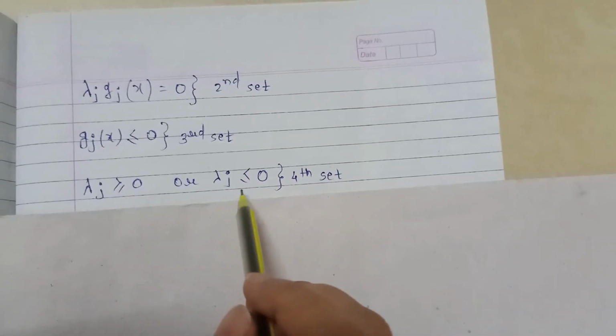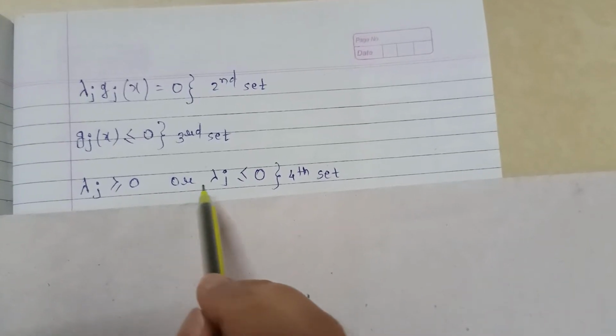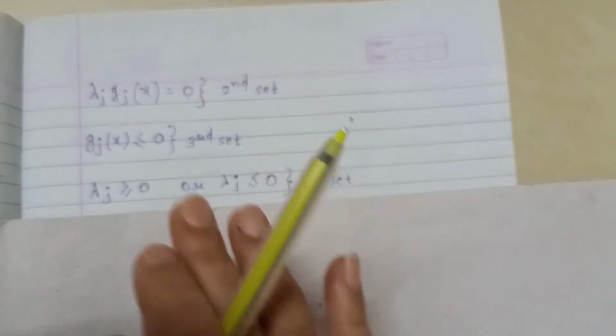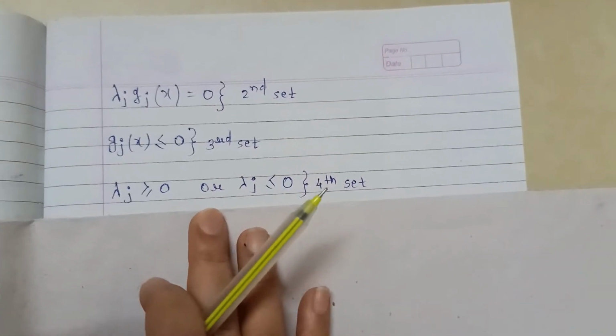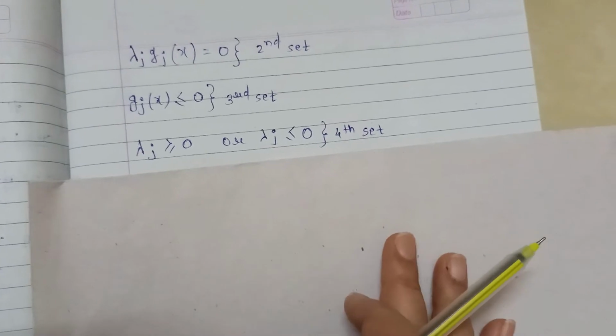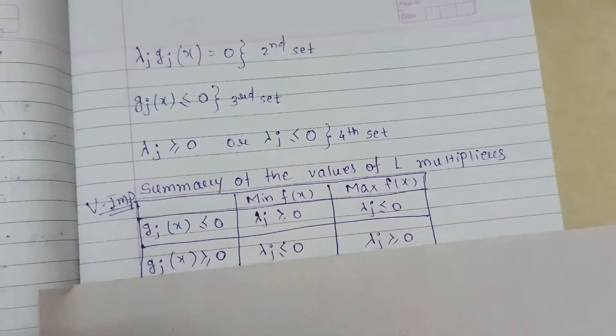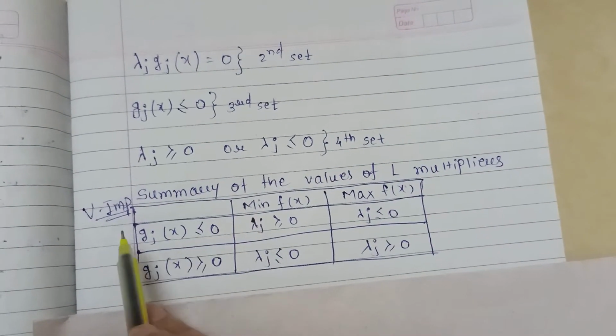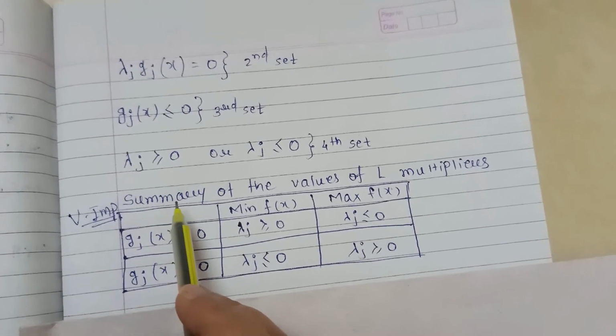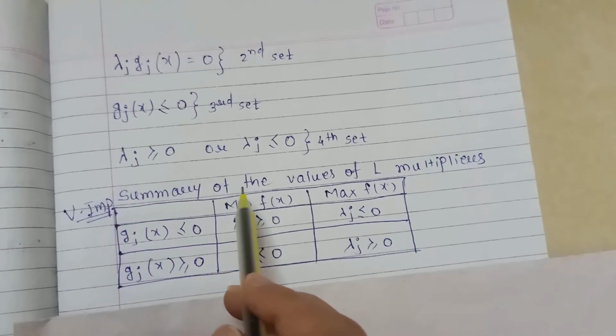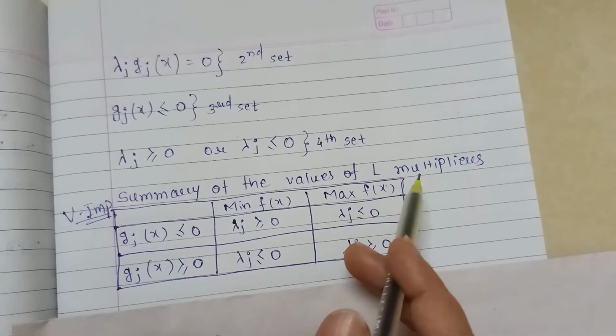Now how do we select this less than or greater than or equal to sign? For selecting these inequality signs, we have one table, and this is a very important point to remember: the summary of the values of Lagrange multipliers.